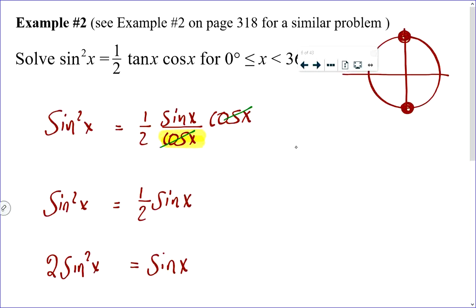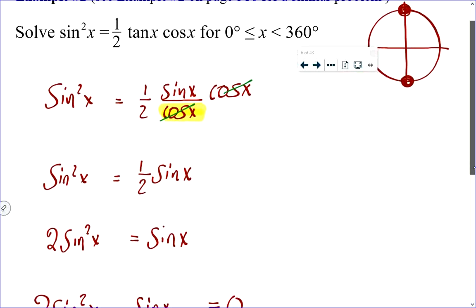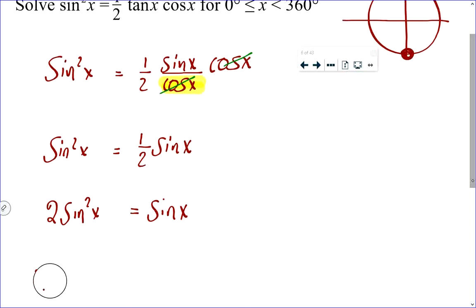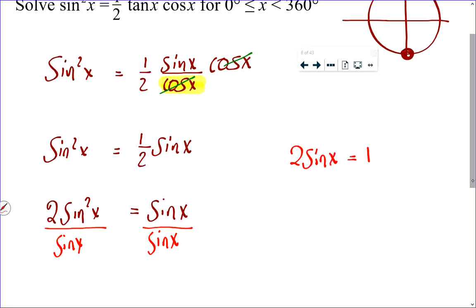They look at this right here, this 2 sine squared x equals sine x, and they go, well, let me do this. They divide both sides by sine x. And what they get is 2 sine x equals 1, so sine x equals 1/2.